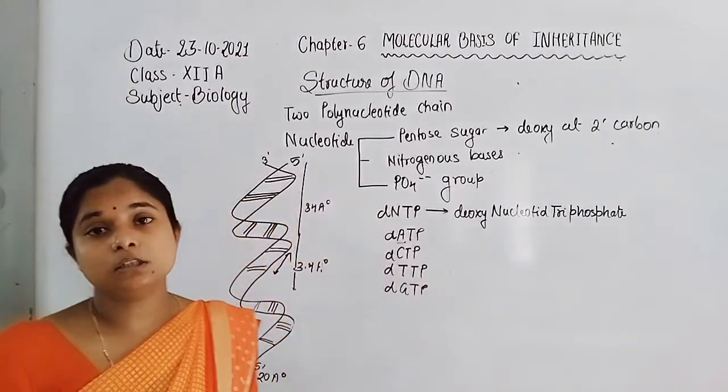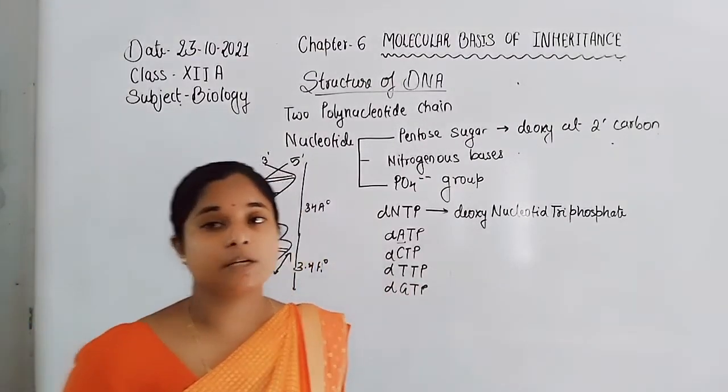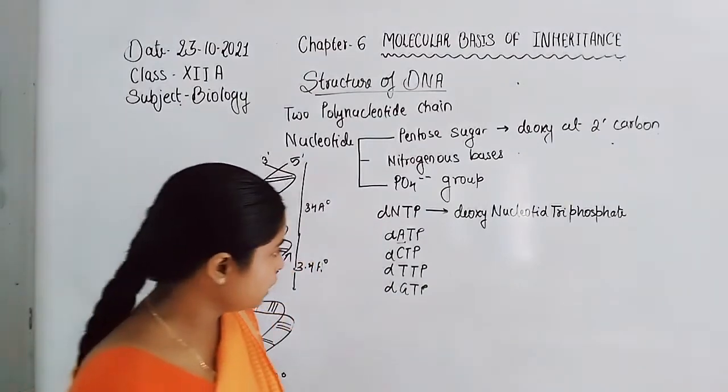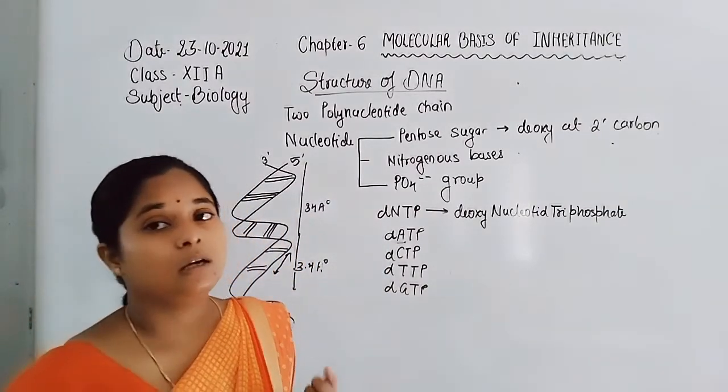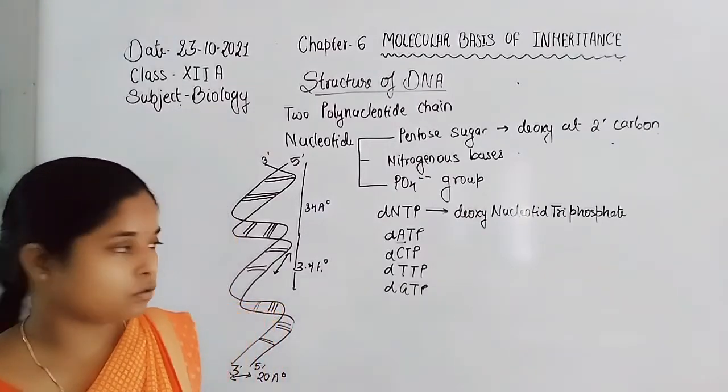These are all the nitrogenous bases present in DNA. They come in the form of dATP, dTTP, for example.